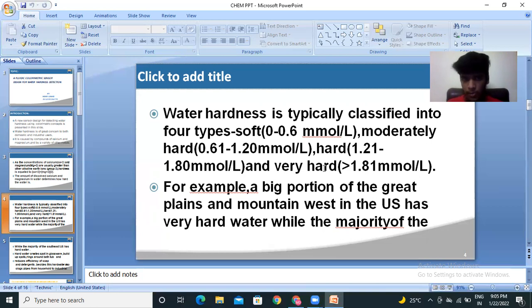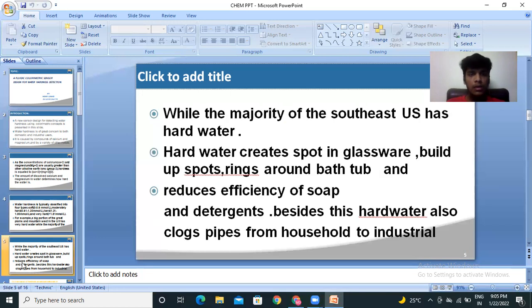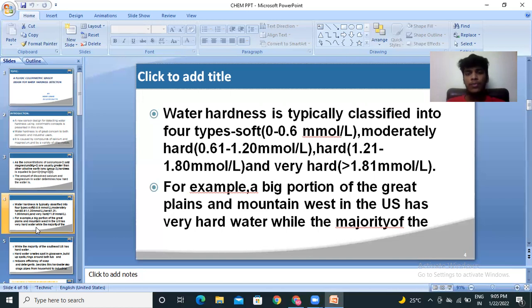It is very hard. For example, a big portion of the Great Plains and Mountain West in the US has very hard water, while the majority of the Southeast US has hard water. So here we can see an example that a big portion of the Great Plains and mountains in the west of the US has very hard water.